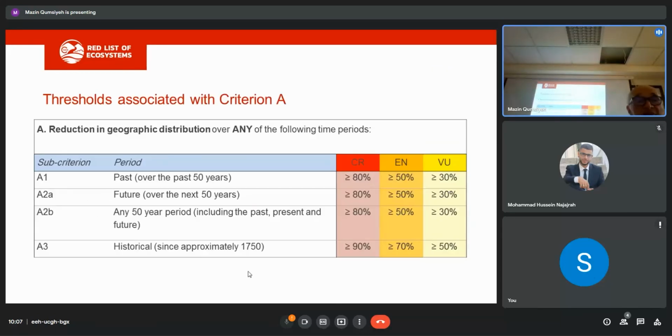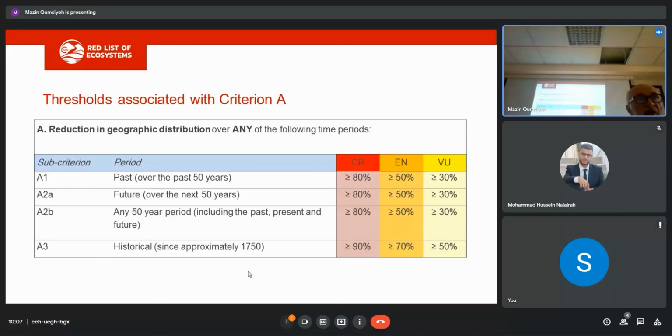And after you have the threshold associated with this criterion A, I will not go in detail. It's exactly the same process as I explained to you yesterday for red list of species. Criterion A is reduction in geographic distribution over any of the following time periods.